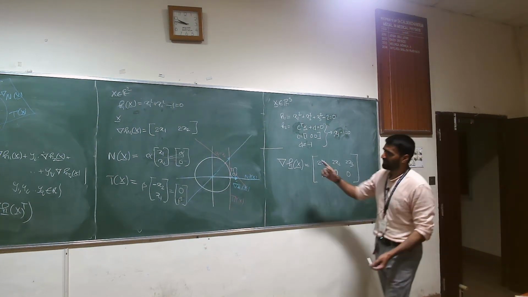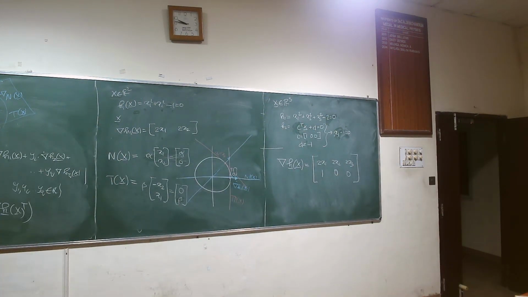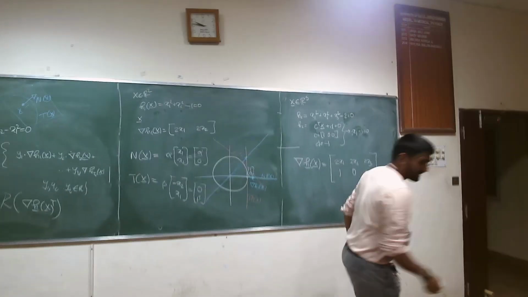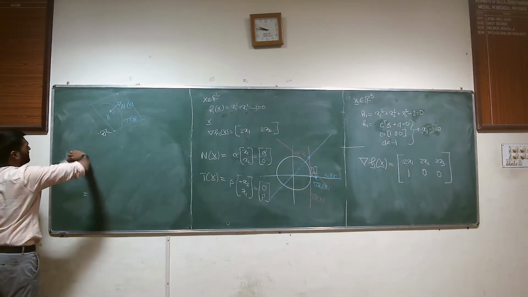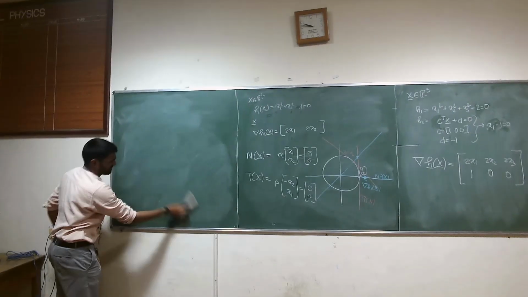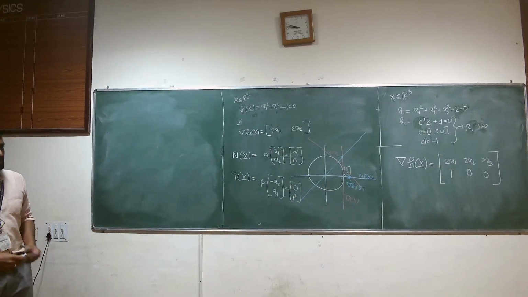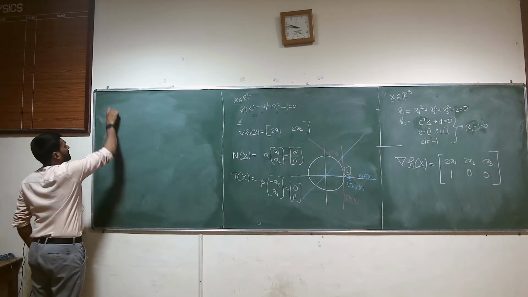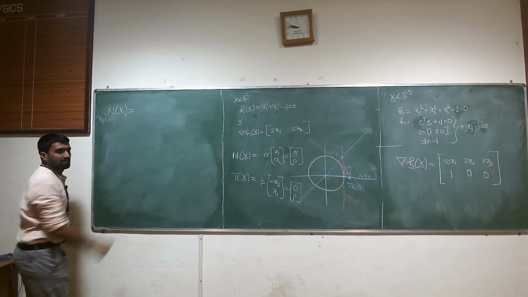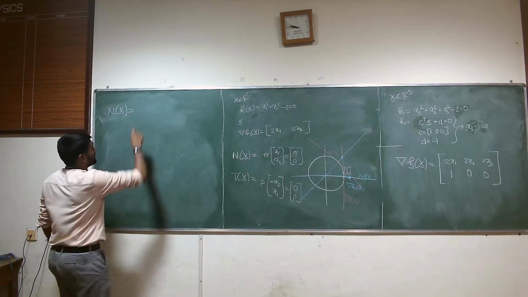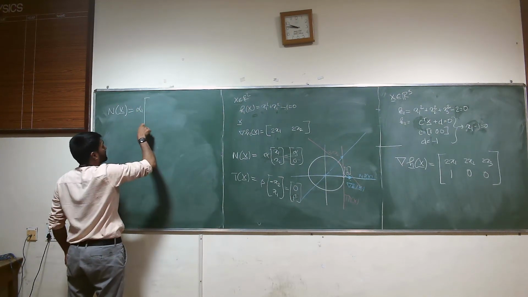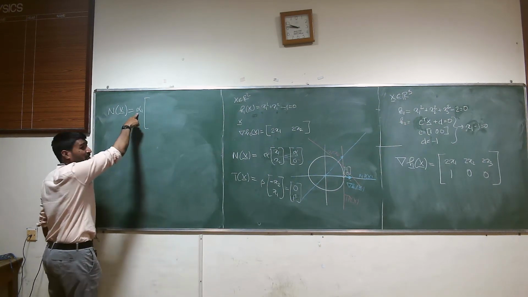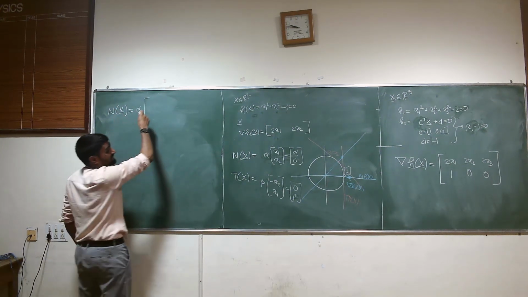Right. Now we will find out what is the normal space. How do we find the normal space? Tell me what that is. Okay, so it will be a set of vectors like this. Alpha 1. Don't confuse this with the step size. This is just some constant.